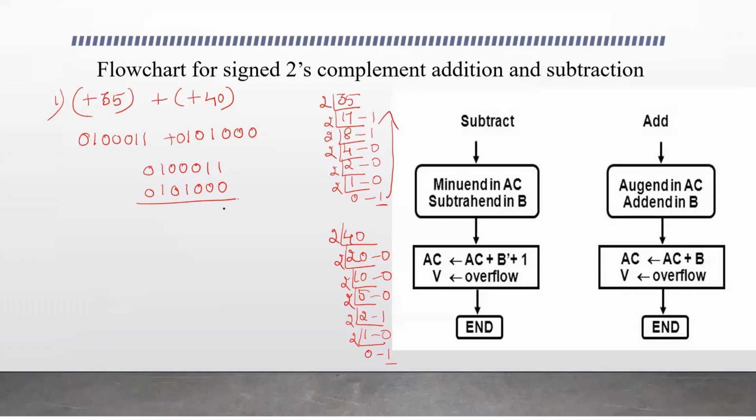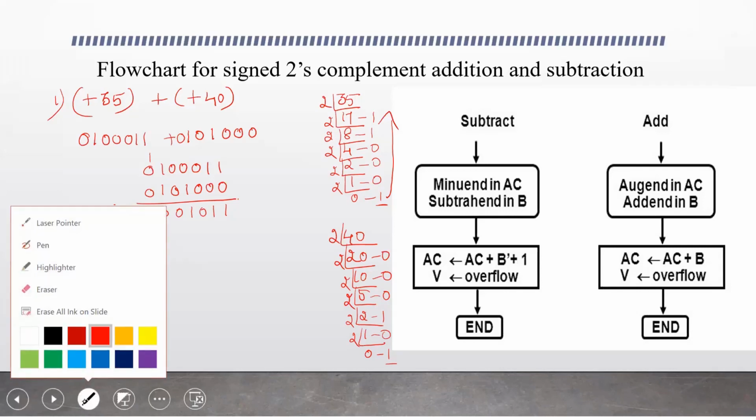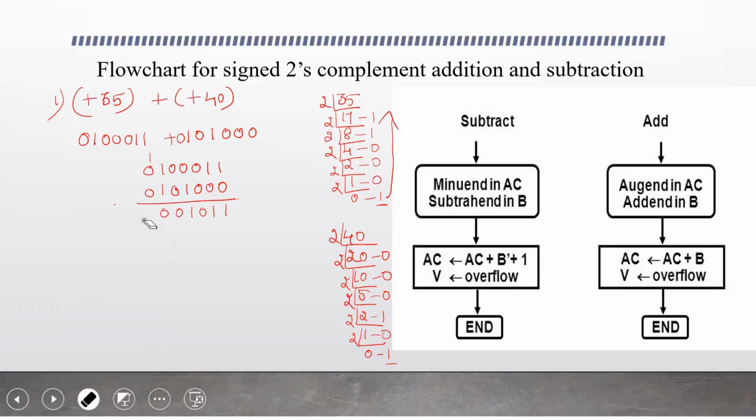We perform addition: 1 1 0 1 0 1 1, and the carry is 0.